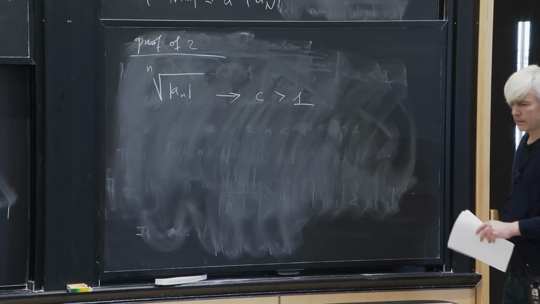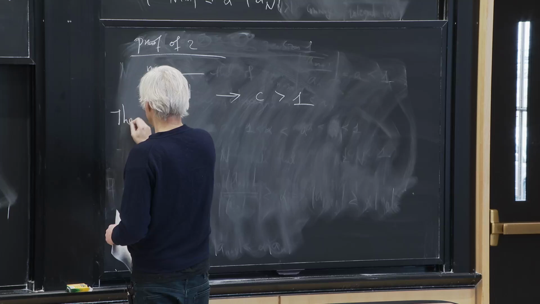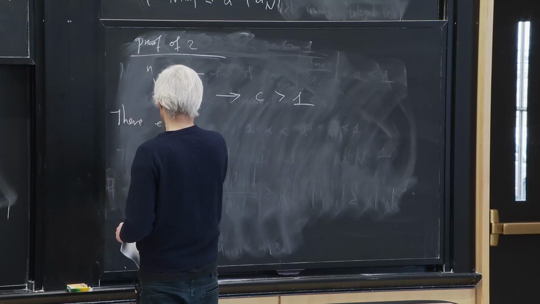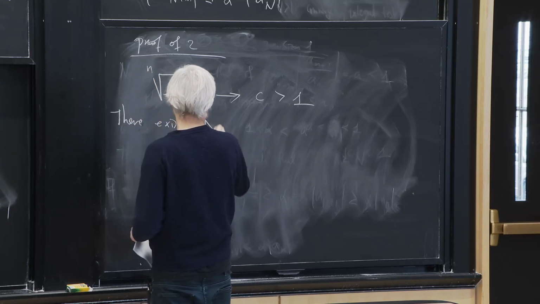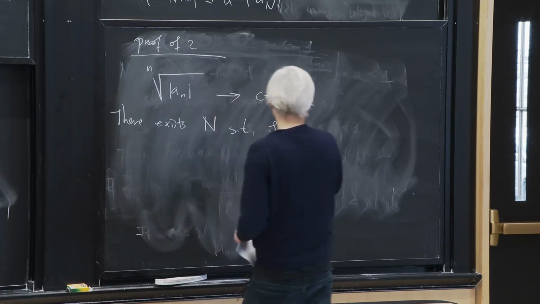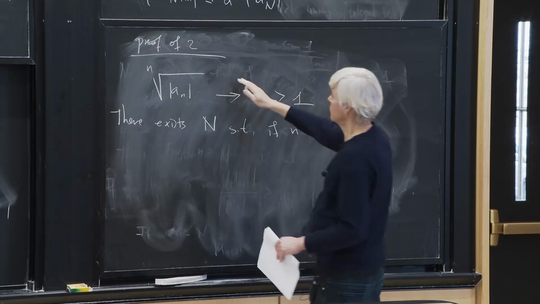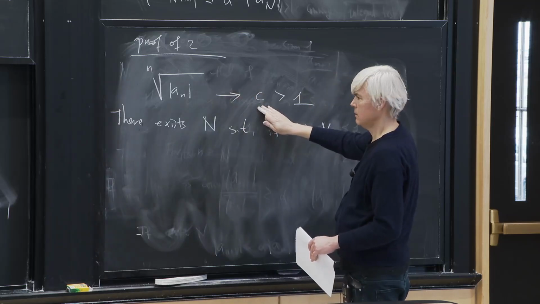So this means that there exists a capital N such that if little n is bigger than this capital N, then we have this thing here.